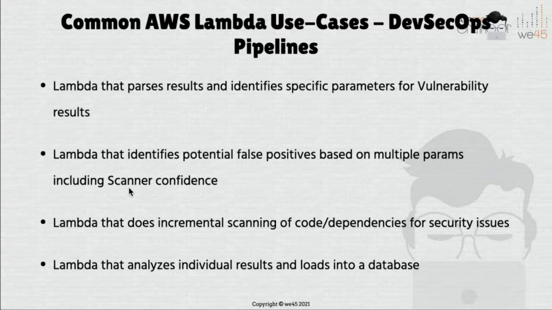As soon as a developer commits code to the Git repository, you want to perform an incremental scan only on the changes that the developer has made. You can leverage Lambda for that. Since it's going to be just 2 or 3 files that are changed, the scans are going to be a lot faster. They do not require as much time, and you can integrate Lambda into it.